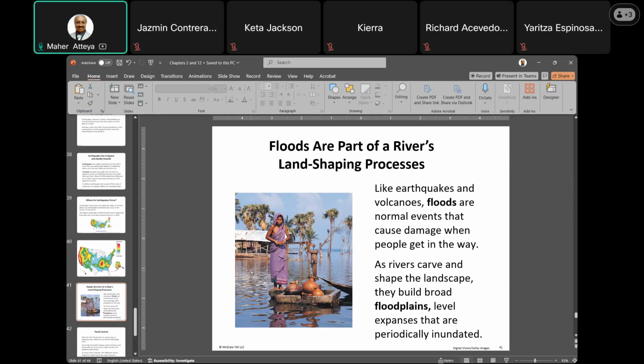So the transfer of soil sometimes has a positive effect on the environment for areas that have drought or lack natural fertilizing chemicals. But in general, volcanoes and earthquakes are more damaging than river floods.